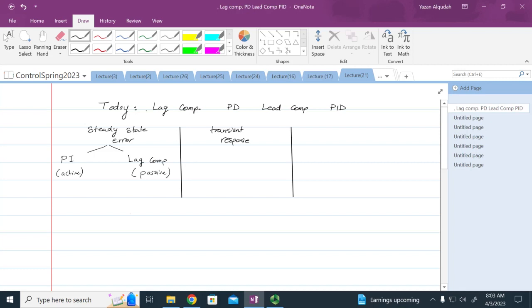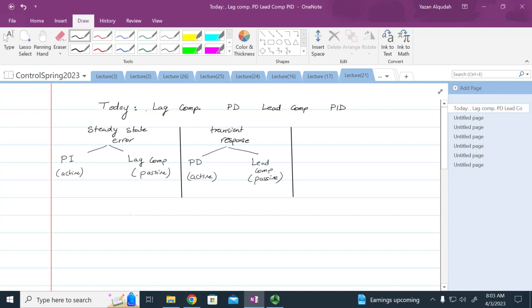And then we're going to look at the improvement of the transient response, and we're going to be looking at the PD controller, which is the proportional plus derivative, and then the lead compensator. Similar to the improvement of the steady state, the PD compensator uses an active circuit, while the lead compensator uses a passive circuit.